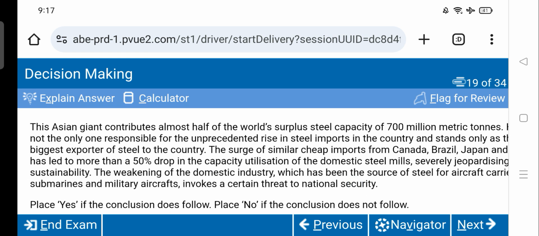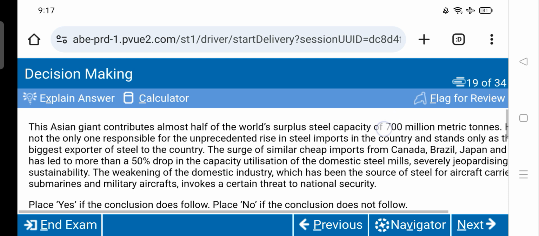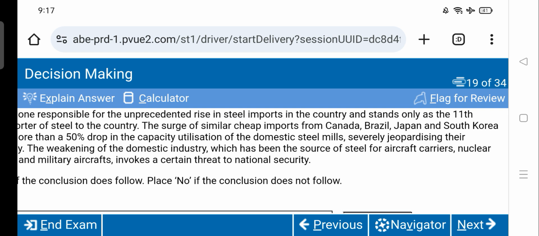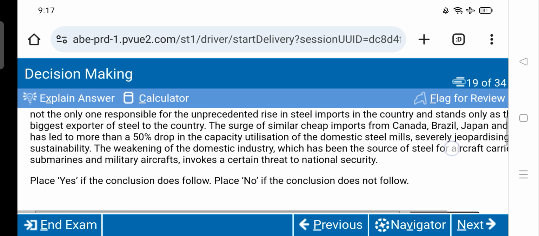The weakening of the domestic industry, which has been the source of steel for aircraft carriers, nuclear submarines, and military aircrafts, invokes a certain threat to national security.